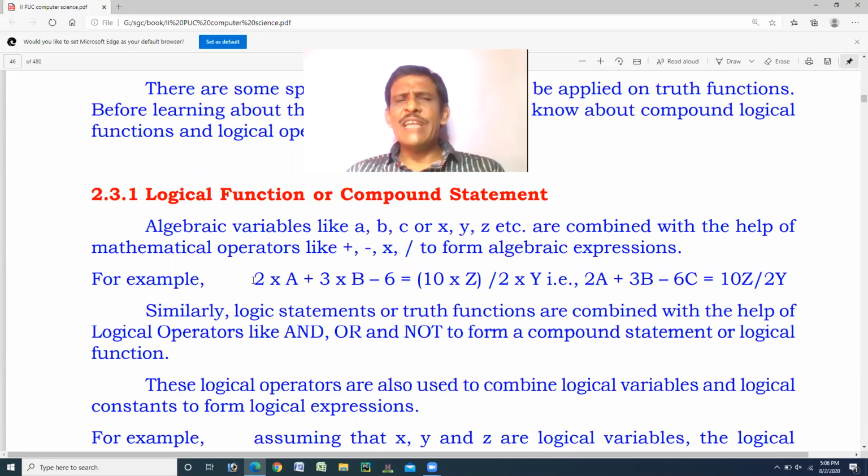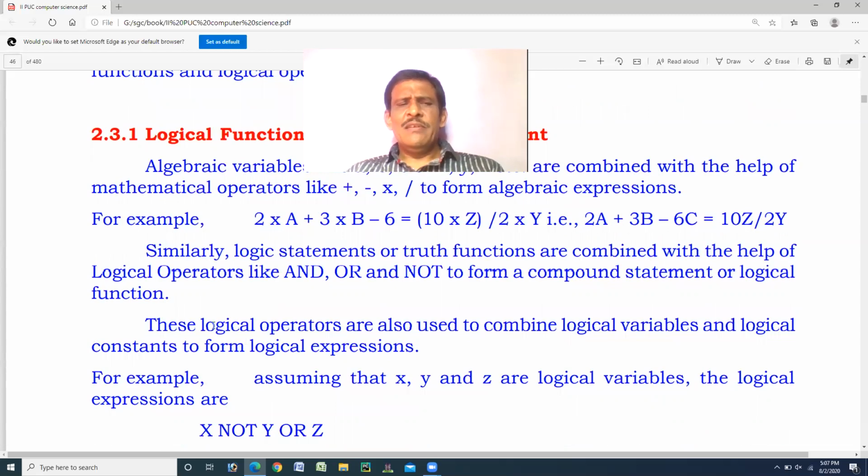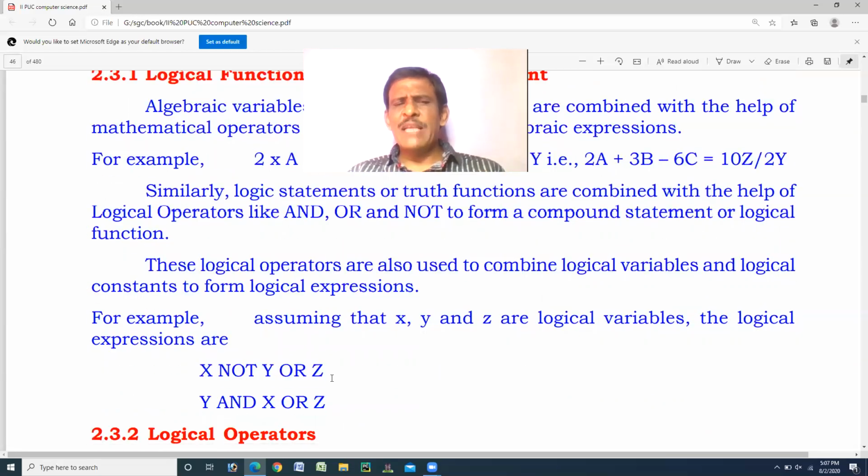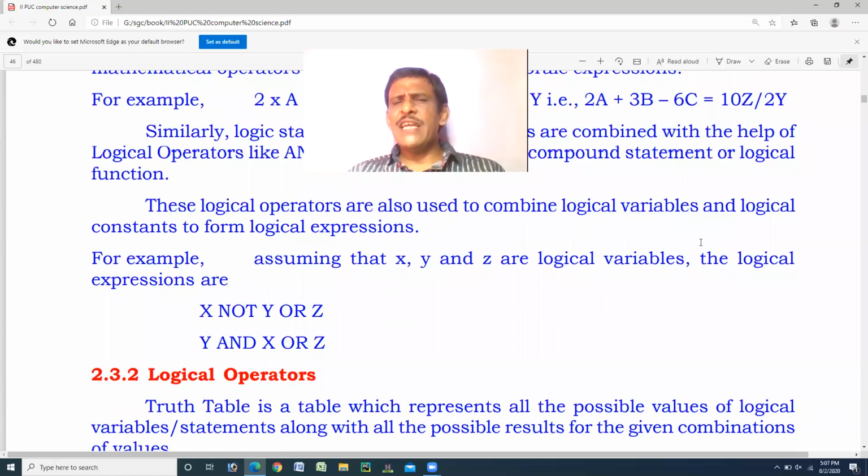So in the above stated algebraic expression, if you use and, or, not along with this, then that becomes the logical function. These logical operators are also used to combine logical variables and logical constants to form logical expressions. If the algebraic expression contains the logical operators, we can call it a logical expression. For example, assume that x, y, z are logical variables.